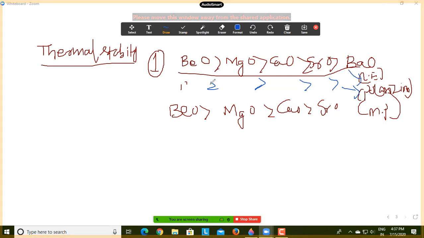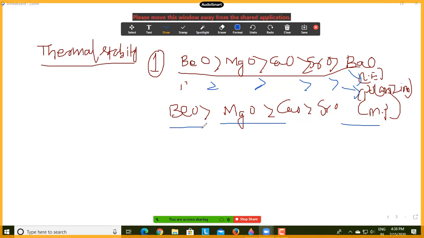So if polarization is more, its melting point should be least, but its melting point is more. Because oxide is small anion, so small anion means polarization is not dominating. If polarization is dominating, we should see the order in terms of polarization. Here we will see the order in terms of lattice energy. So lattice energy is opposite of polarization, but lattice energy is dominating.